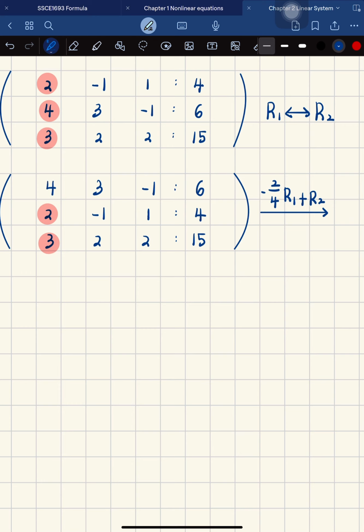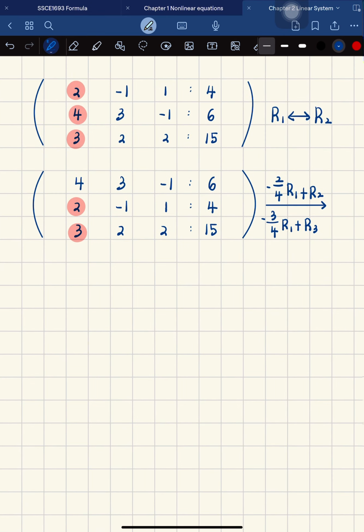And then the below one is negative 3 over 4, the maximum value plus row affected. Okay, so we are using this formula. So row number 1 is not affected.